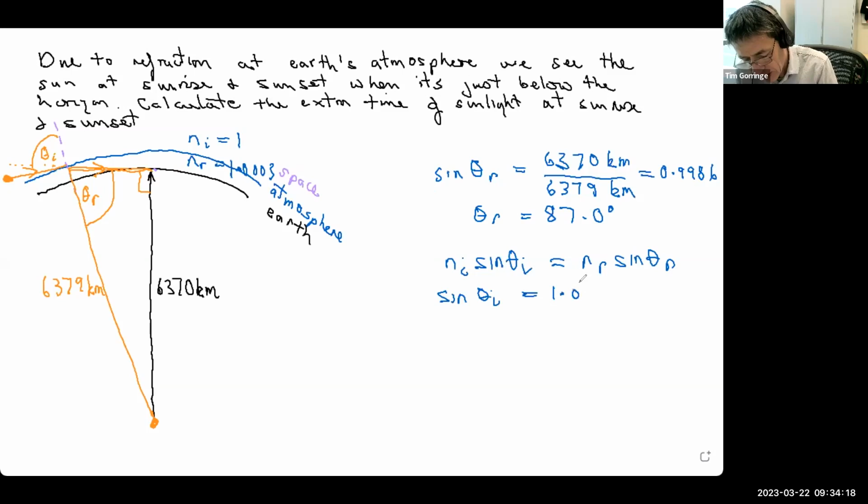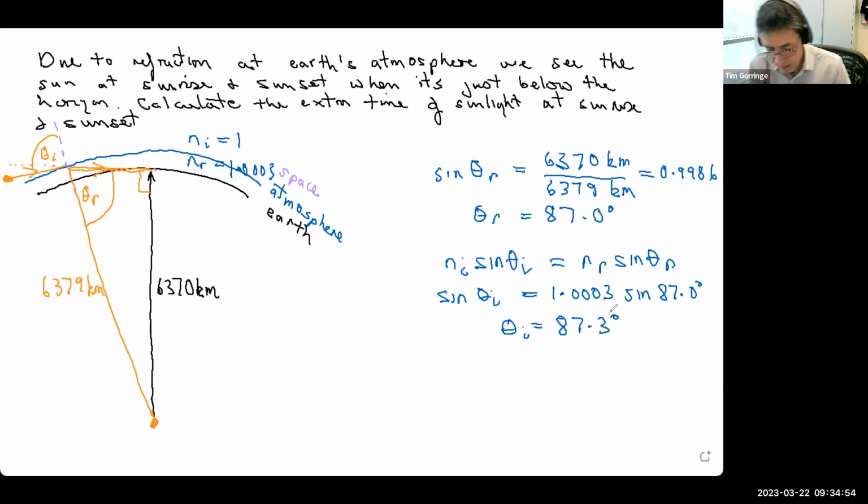I've got for the refractive index of the air 1.0003, times the sine of the refracted direction, the angle of refraction, sine of 87.0 degrees. And if I do this calculation, and then take the inverse of this, the arc sine, I get an angle that is 87.3 degrees.